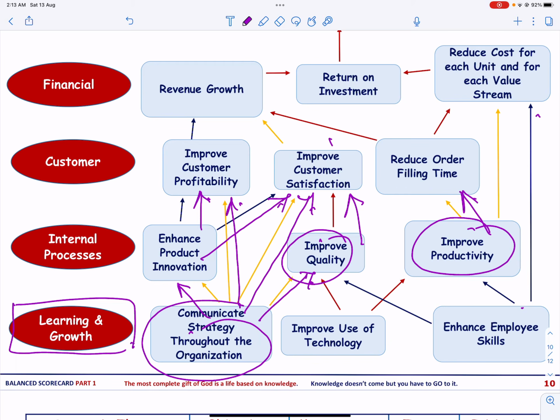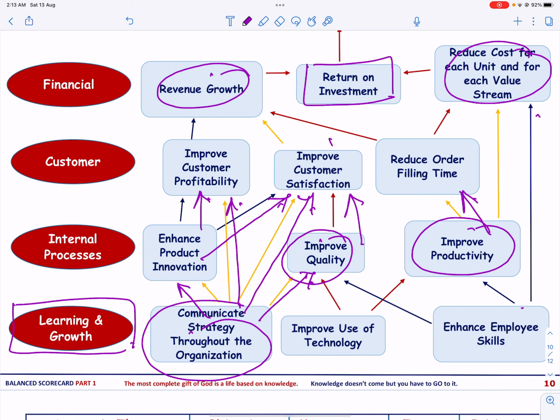So the company started with training the employees, then communicated what the company wants from them, then motivated them by rewarding them, in turn improving the quality. That made the customers happy, leading to an increase in revenue and decrease in cost. All this will increase the return on investment.